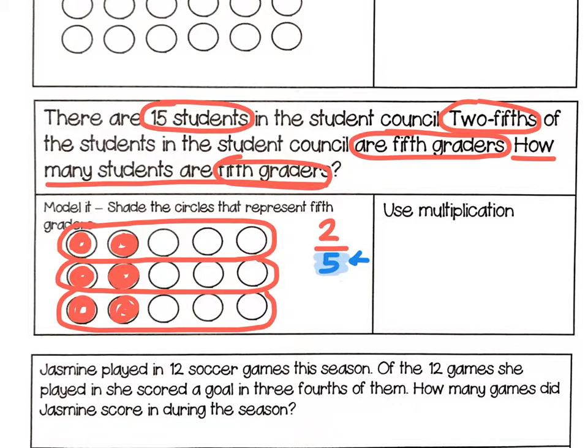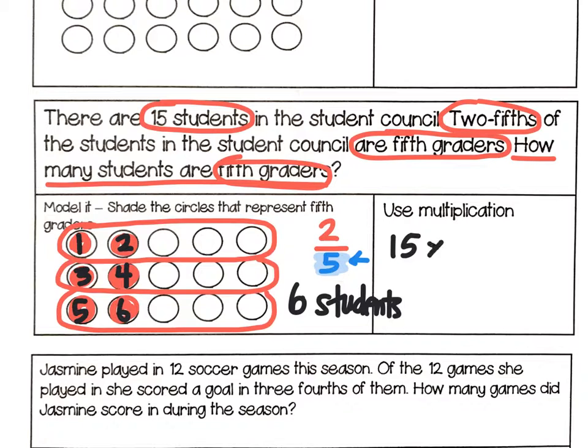So when I count how many students there are in all, I have 1, 2, 3, 4, 5, 6. 6 students are 5th graders. So using my multiplication then, I could say 15 times 2/5.